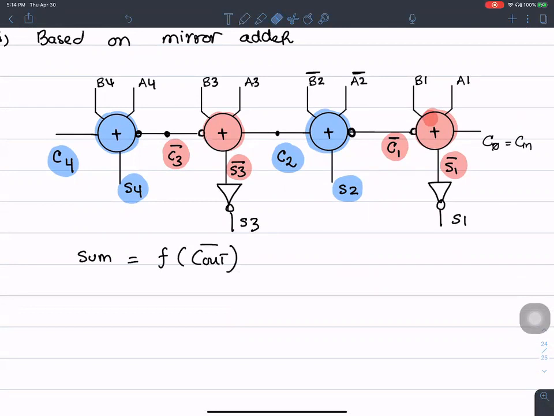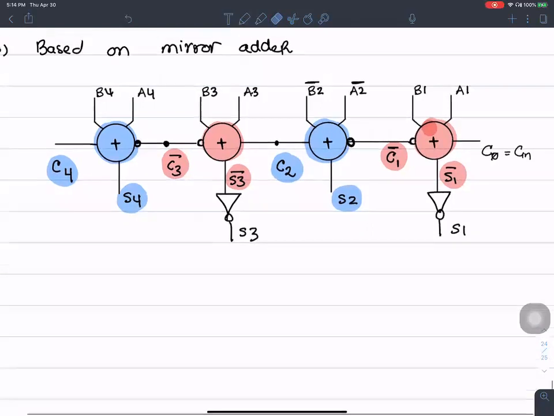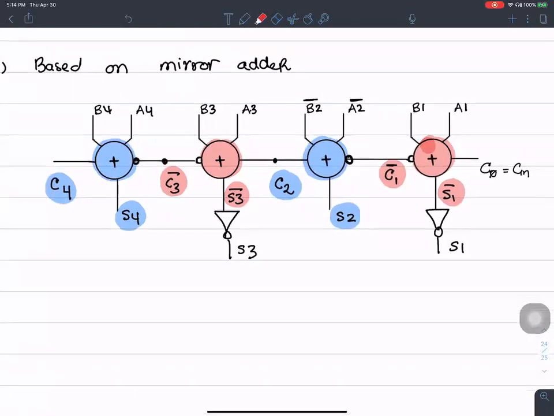In the last class I showed you that the 1-bit full adder, the mirror adder, uses fewer transistors and is a bit more efficient. It reduces the delay. Also pay attention to this: all the even stages shown in blue here have complemented inputs.